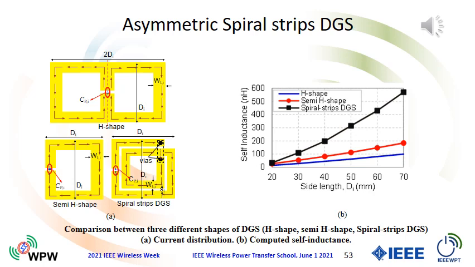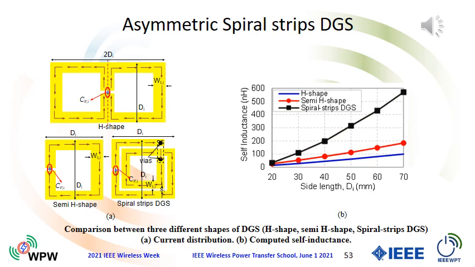The H-shape and its modified versions, the semi-H-shape and the spiral strips defected ground structure, are shown in this slide. The self-inductance of the H-shape defected ground structure is low, which leads to lower efficiency at larger distance due to the two parallel current paths.